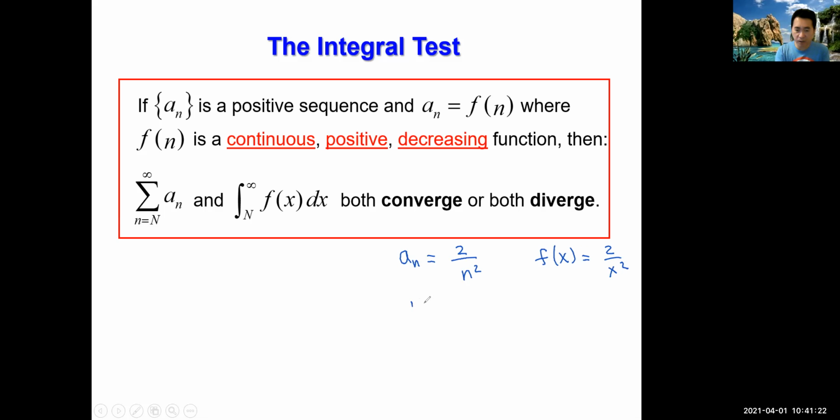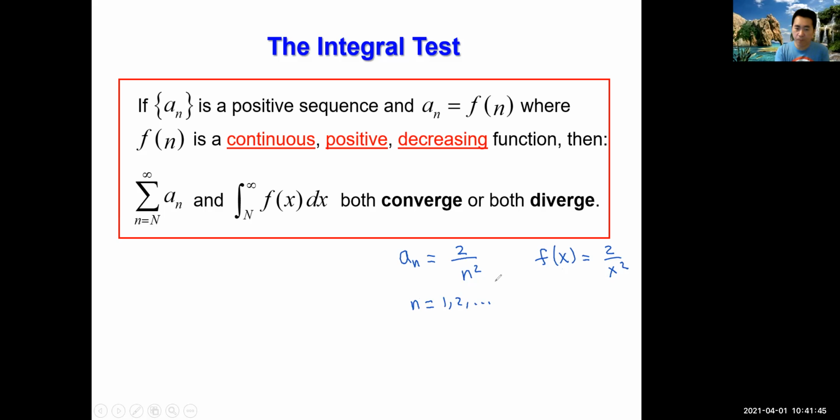The n here, don't forget, is discrete, the positive integers 1, 2, 3, and so on. What is x? x is all real numbers, but in this case it cannot be 0, so the domain is negative infinity to positive infinity except 0.